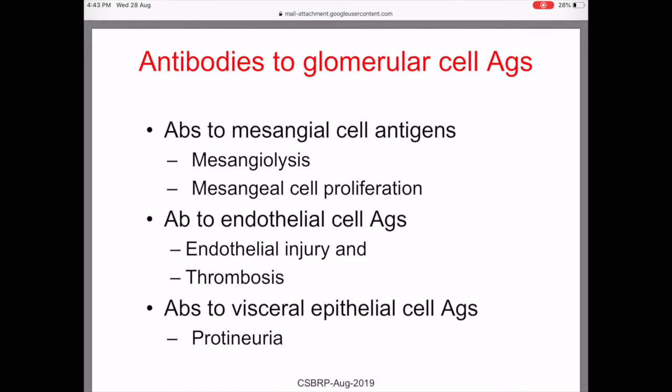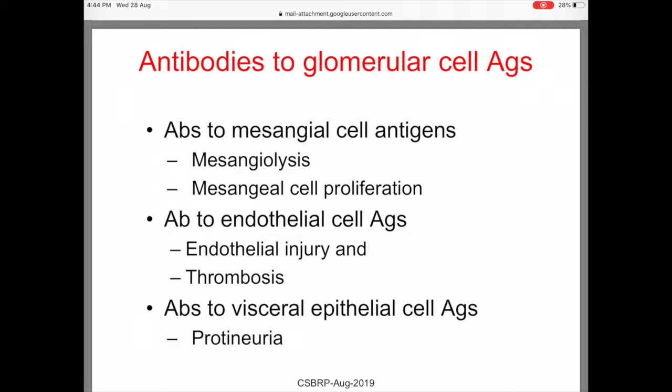So antibodies to the glomerular cells and antigen antibody complexes cause damage to the mesangial cells, endothelial cells and visceral epithelial cells. Damage to mesangial cells may result in mesangiolysis, mesangial cell proliferation, and endothelial cell damage may result in endothelial injury, which may initiate thrombus formation.